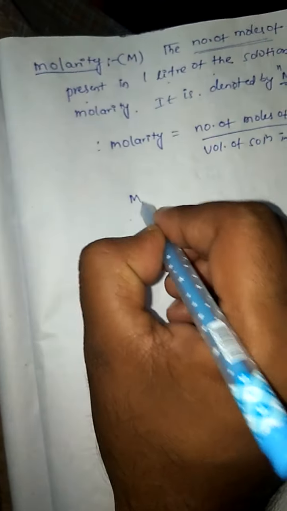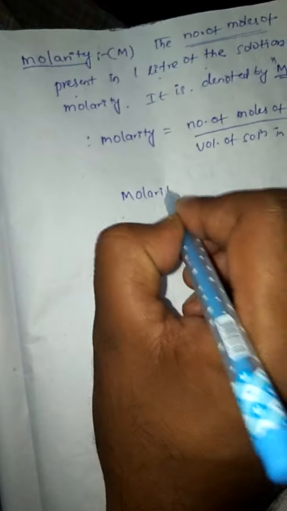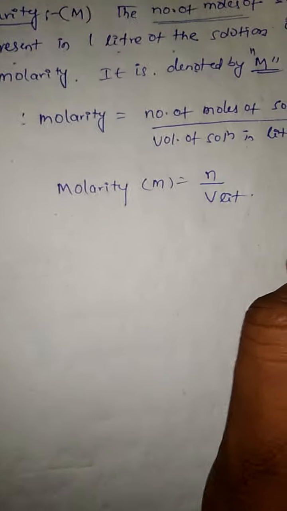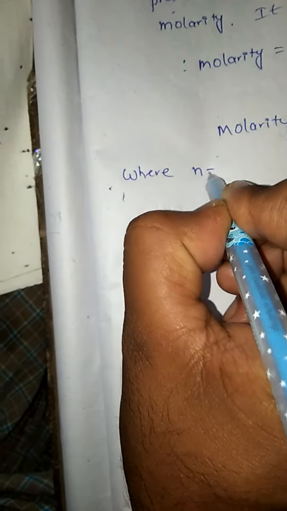Molarity M equal to N by V liters, where N equal to number of moles equal to weight by gram molecular weight.